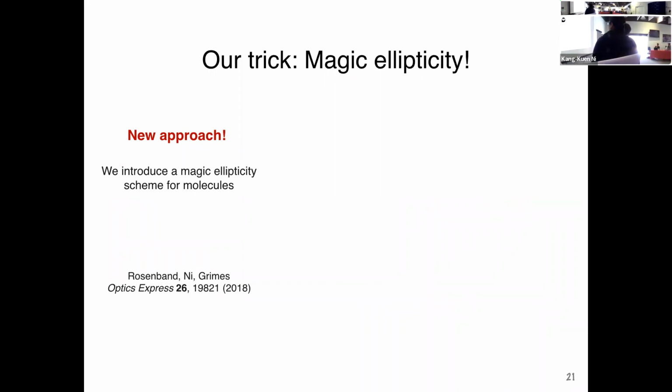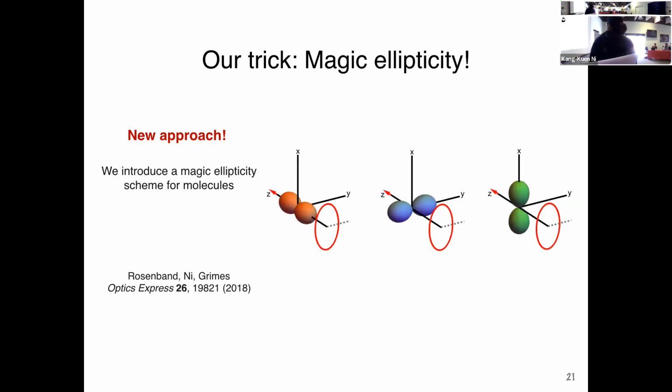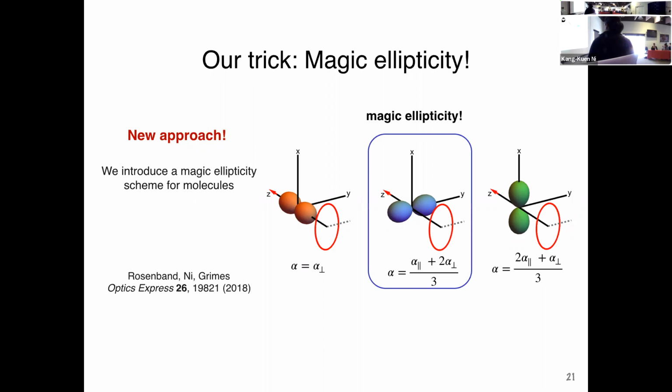That is to use magic ellipticity. By that we mean we will again have the right mix of perpendicular and parallel components of our light polarization, with just the right angle, the right mix. This is always perpendicular. But in this particular situation, we will have just the right mix.